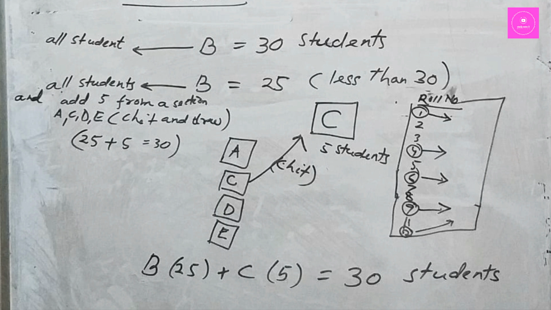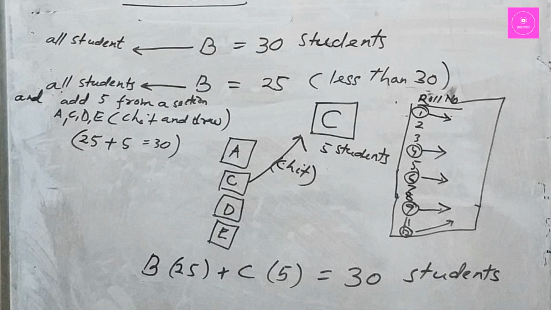As we have other sections A, C, D, E, we will repeat the chit and draw method and get another section, for example section C. From this section randomly pick 5 students to fill the gap. Okay, that is 30 minus 25 is equal to 5. Update the control sheet accordingly with the help of the student attendance register.